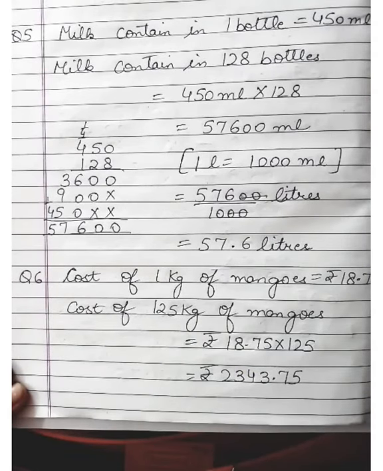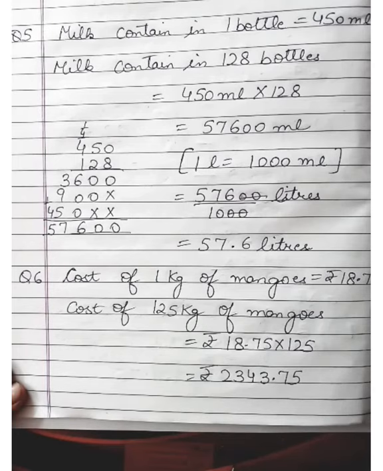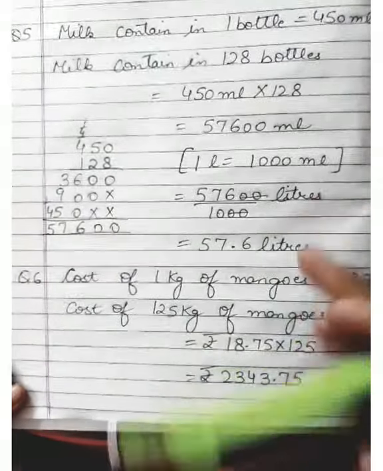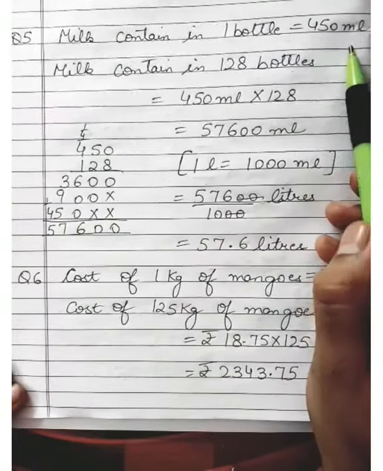Now question number 5, a bottle contains 450 milliliter of milk. How much milk will 128 such bottles contain? Express the answer in liters. First of all, you have to find how much milk is contained in 128 bottles. Milk contained in one bottle is given, 450 milliliter.